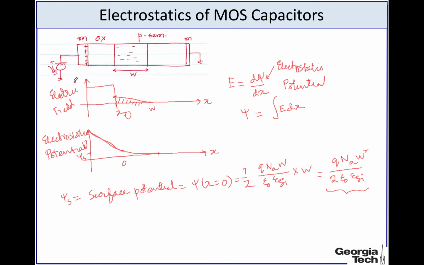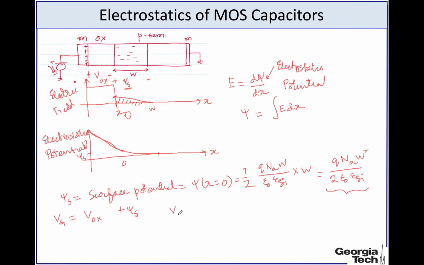Now as you can see, if you apply a voltage Vg, then the change in the electrostatic potential across the depletion width is psi s, the surface potential. The change in the electrostatic potential across this oxide is Vox. Alright, and what we can write is Vg equals Vox plus psi s.